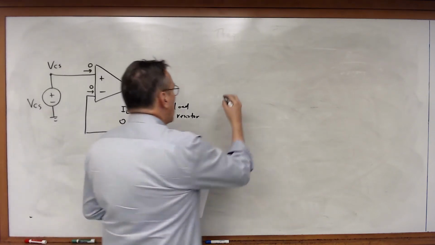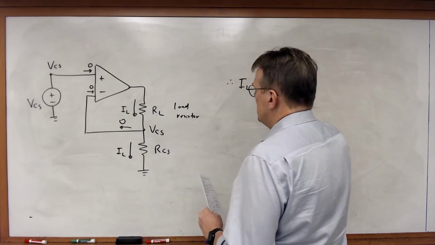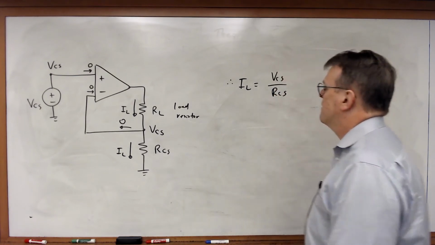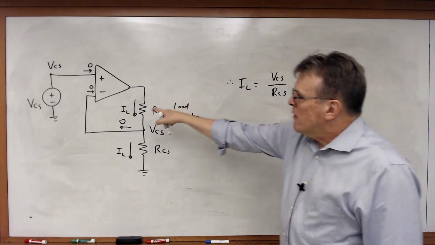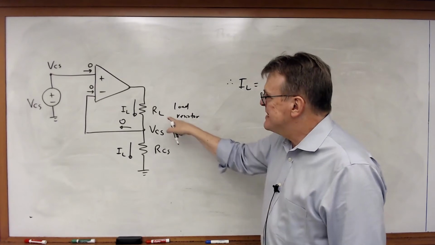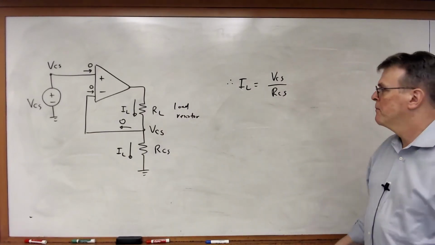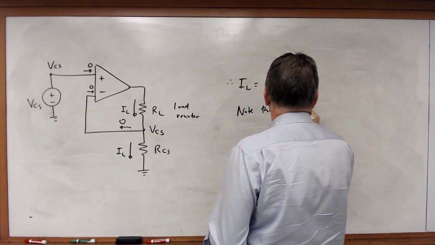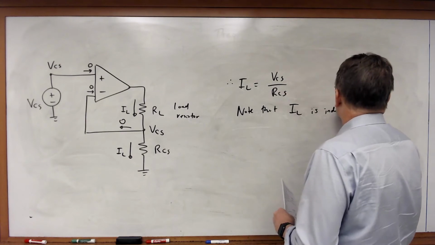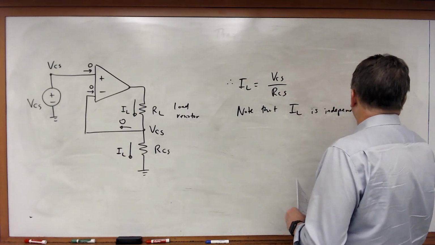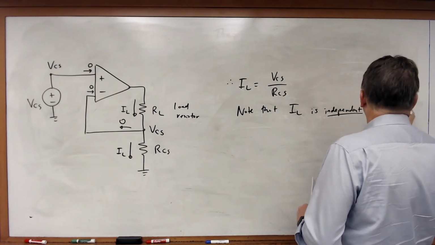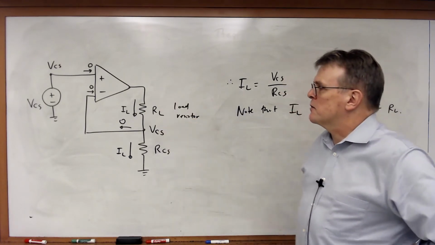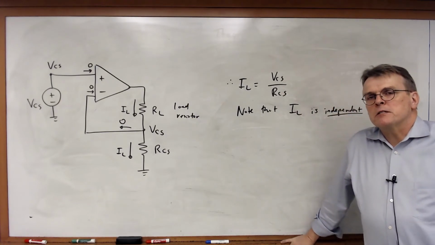And therefore, I sub L is equal to VCS over RCS. So the current in the load resistor is independent of RL. So I have a current that flows through this resistor, which is independent of the resistance itself.